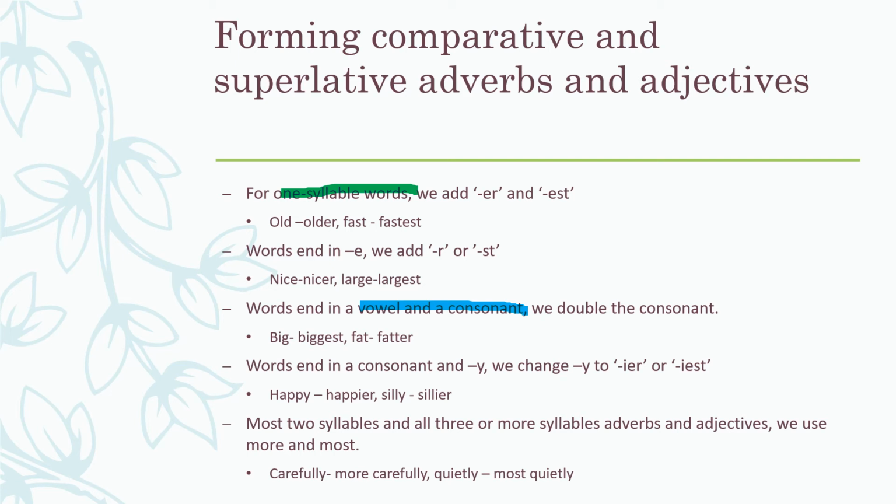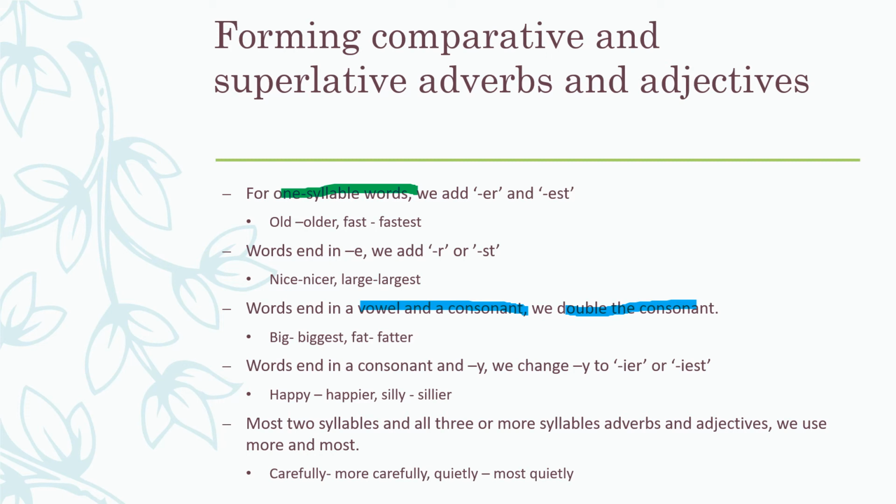For this case, we double the consonant. Big becomes bigger and biggest. Fat becomes fatter and fattest. You can see the t in fat, we double it to become fatter.